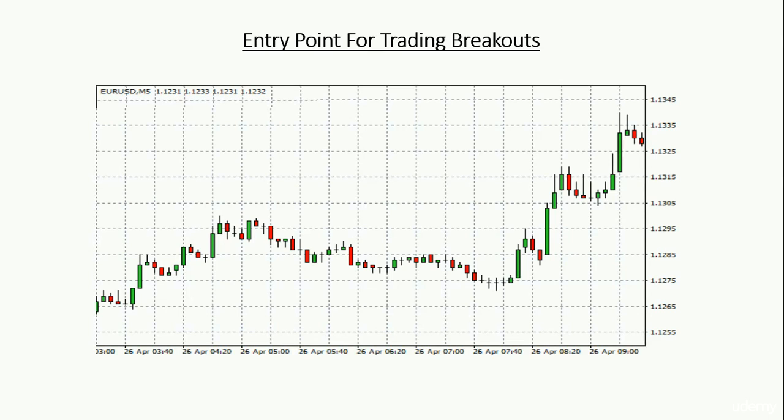Entering the market at the very top of the spikes looks very risky and counterlogical at the same time, which might prevent the vast majority of traders from trading breakouts.